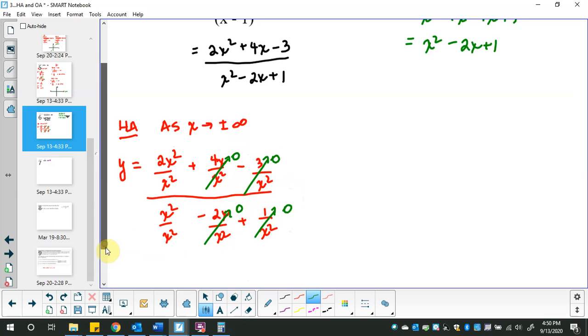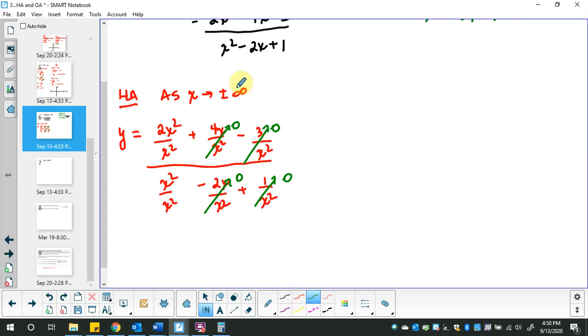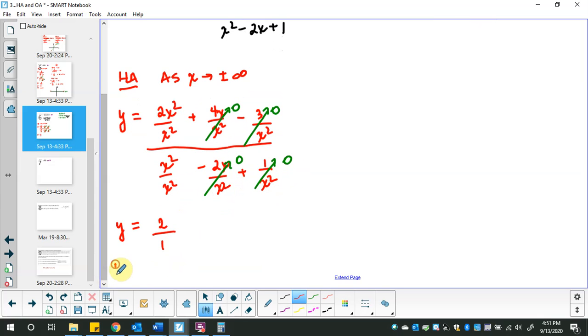So you end up, because you've said this line, with 2 cancels, plus 0 minus 0, which is 2, over 1 minus 0 plus 0, which is 1. So you end up with a horizontal asymptote of y equals 2. And I've done a little bit less work in this case.